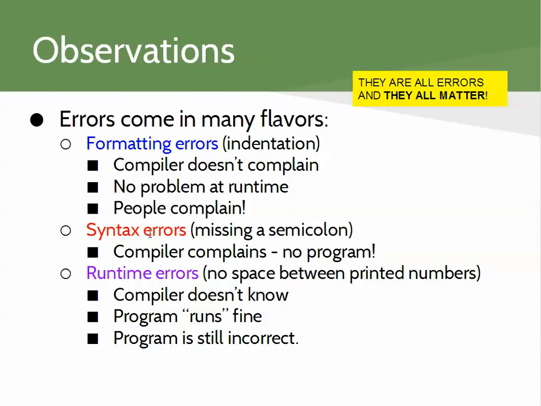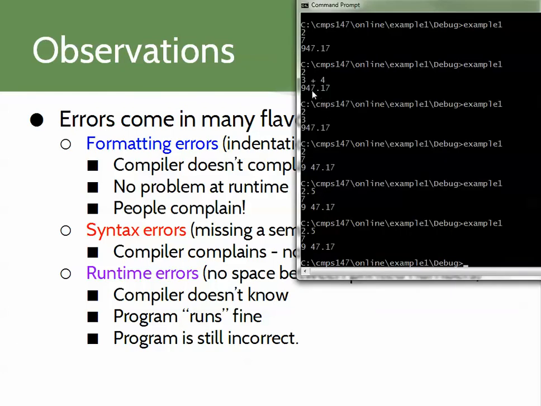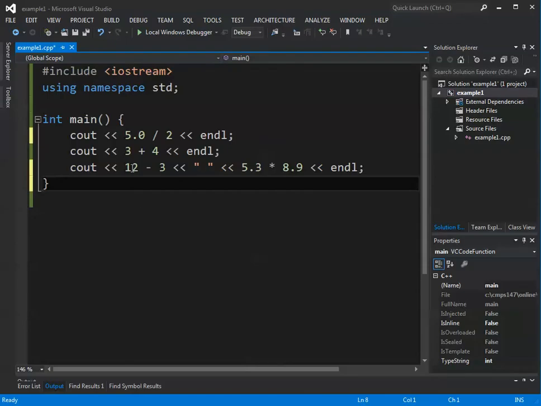A very simple one was no space between printed numbers. If I look at my output over here, printing out 947.17, it's an error. It's wrong. From a user's perspective, that looks like one number, and presumably the purpose of my program was to print out two numbers, the 9 and the 47.18.